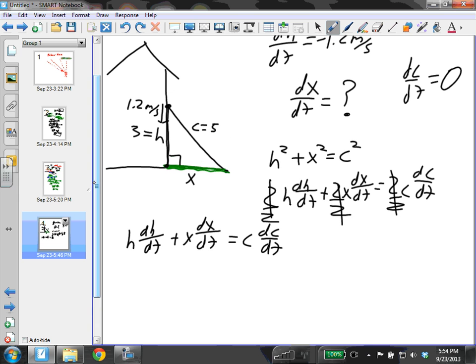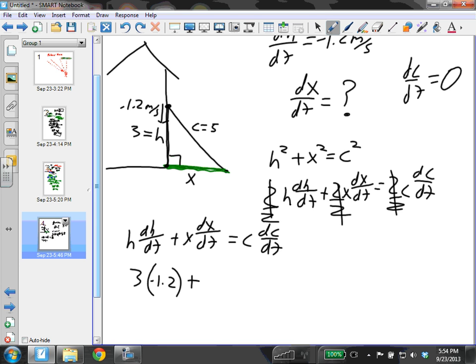Now that we have this formula and all of these measurements that we were already given, we can begin to plug in. So h is 3, dh dt, remember, is negative 1.2, plus, and here again we run into x, and we don't know what x is right now.